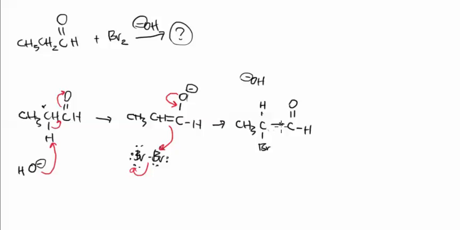Okay, well, here's the major difference in this spot, because I mentioned in the previous video that the presence of this bromine prevents the acidic mechanism from going forward. However, it's not the same in the basic environment.